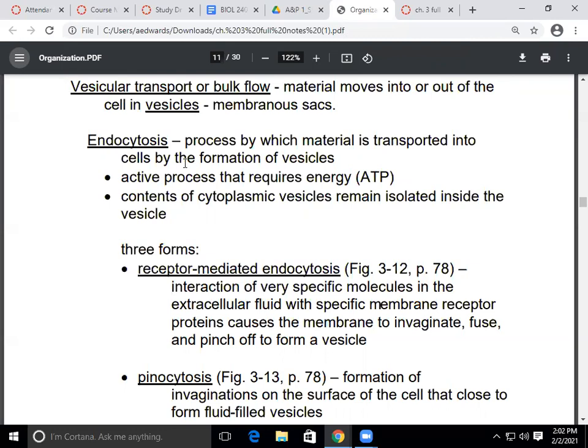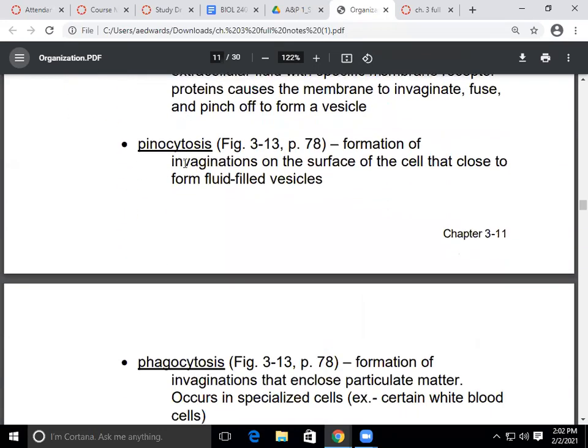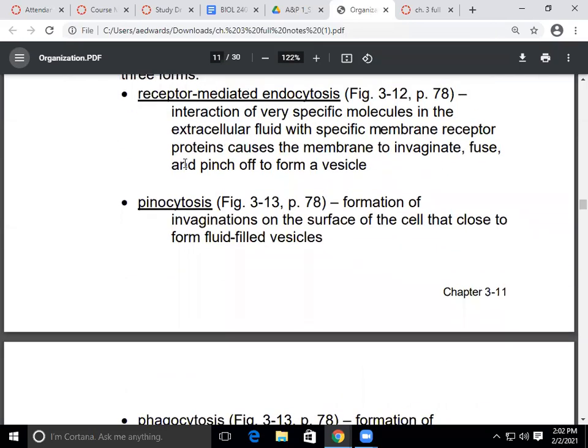There are three forms of endocytosis: receptor-mediated endocytosis, pinocytosis, and phagocytosis. In receptor-mediated endocytosis, there's a receptor involved.